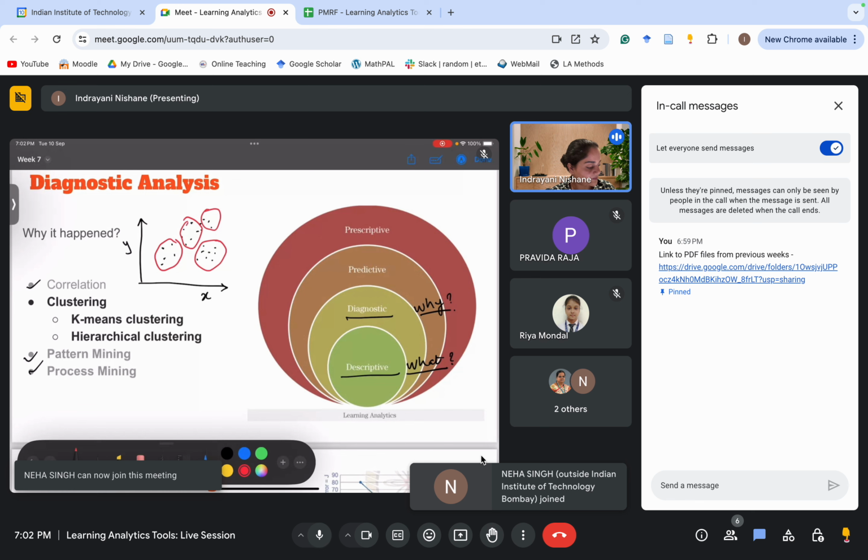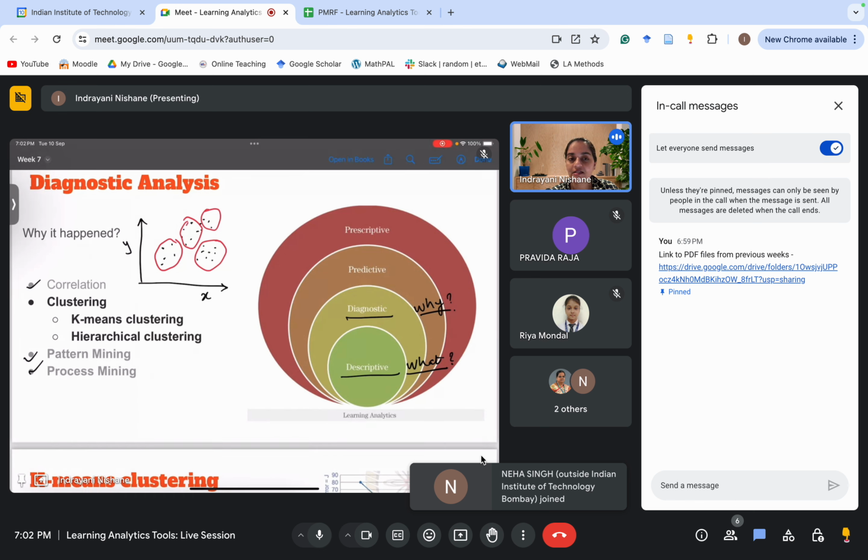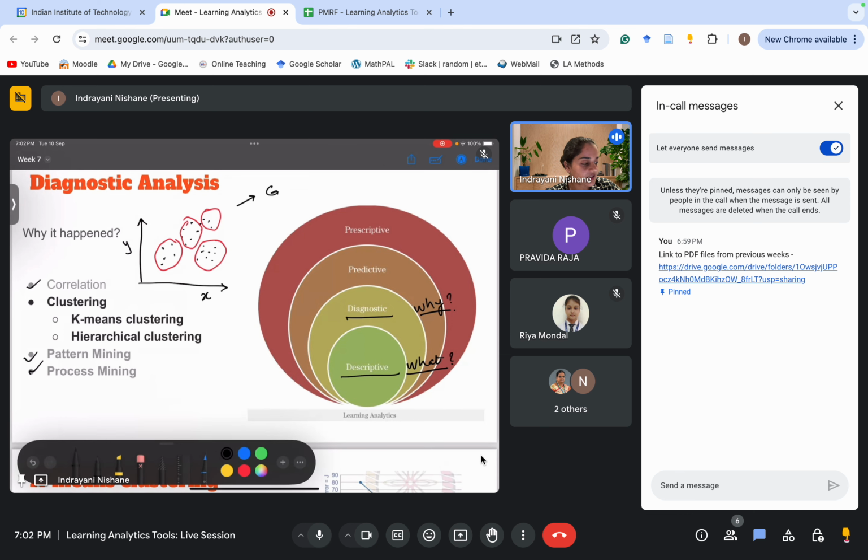Why is clustering important, and why are we supposed to look at it in detail? The answer lies in the fact that it helps in creating groups which are closely related.